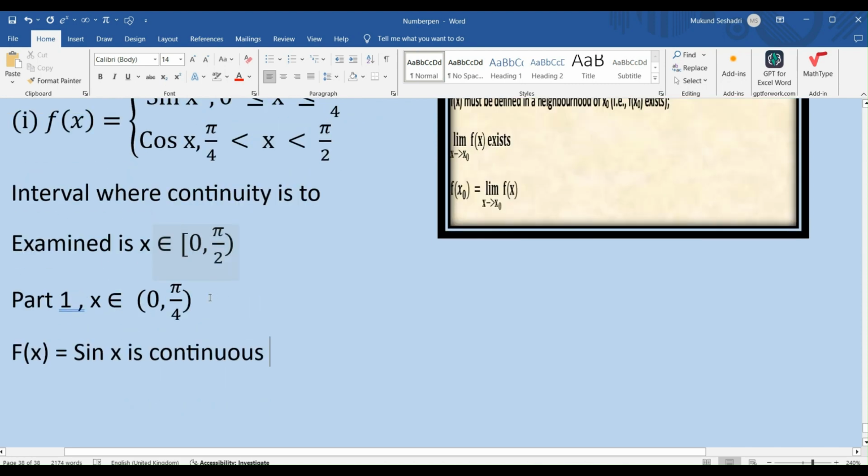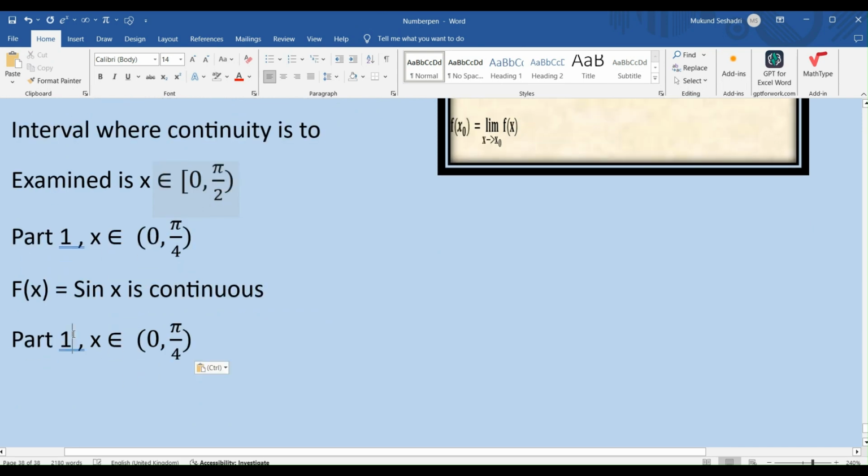Similarly, I do my part 2, which is the open interval pi by 4 to pi by 2, where this function f of x takes the value cos x. And we know that cos x is a continuous function, and in this particular interval we do not have a challenge.